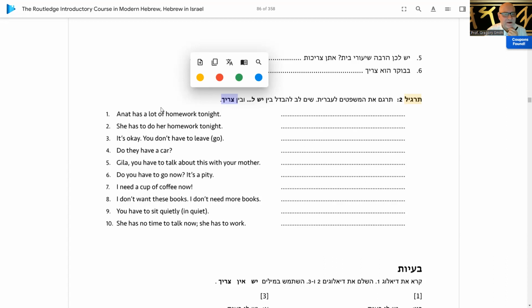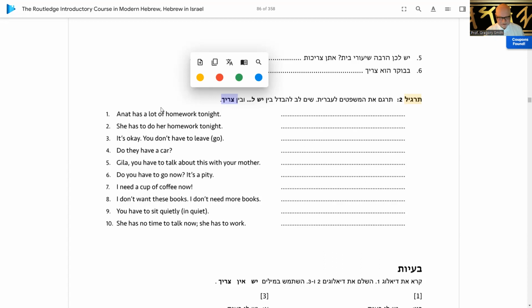Gila, ata zarich, and then to talk, what's that one for to talk? We need the pa'alim program. Yeah, that's ledaber. So that's the root we need.